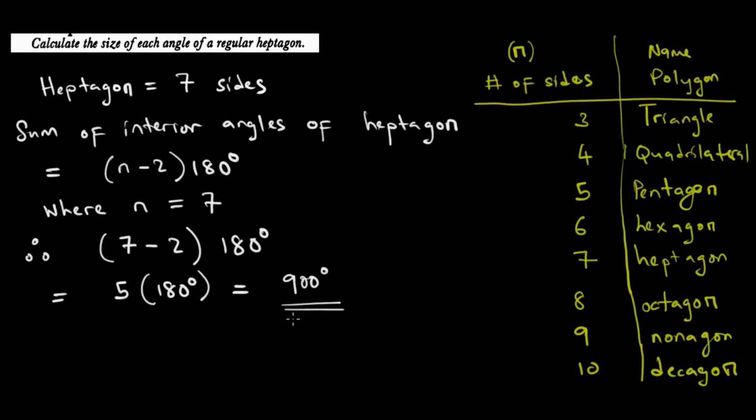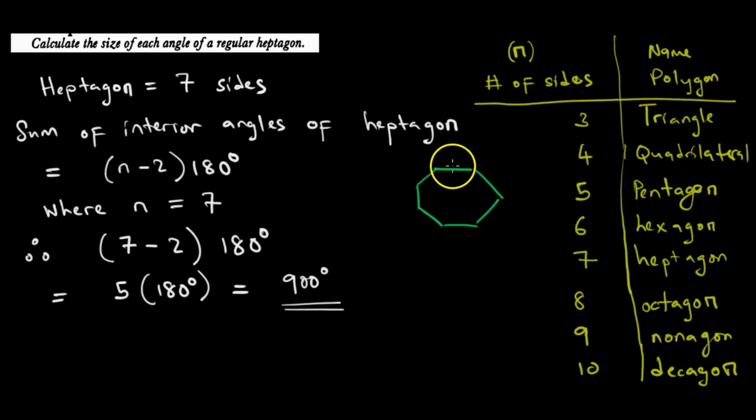But is that our answer? That's not our answer. Let me just show you what we did here. I don't know if I'm going to be able to draw a heptagon with 7 sides, because they usually come out looking not regular. So let me try. 1, 2, 3, 4, 5, 6, 7. Yes, 1, 2, 3, 4, 5, 6, 7.